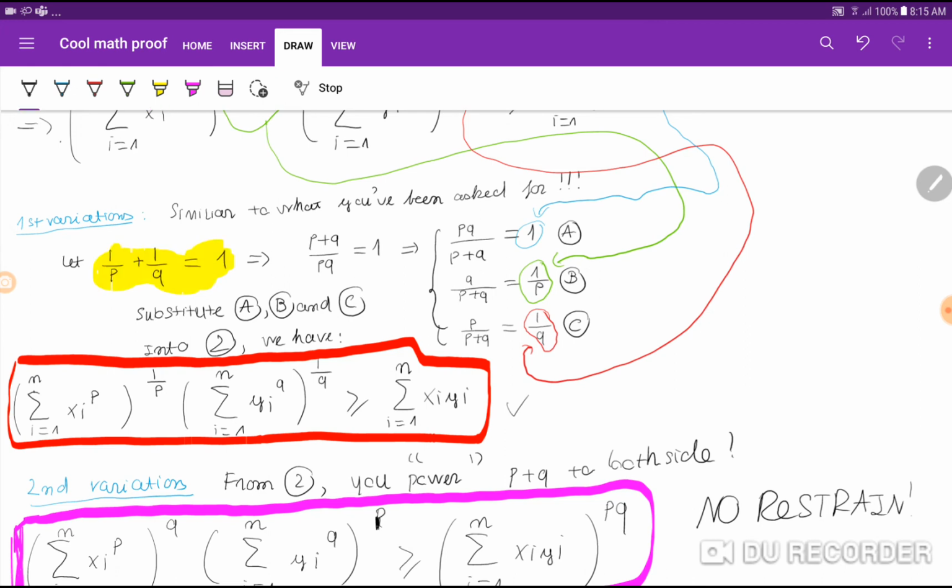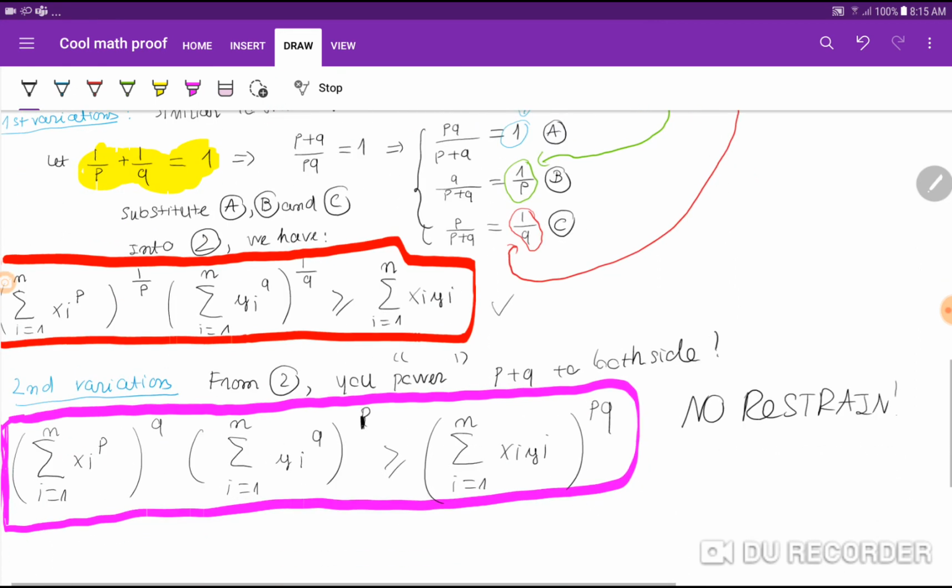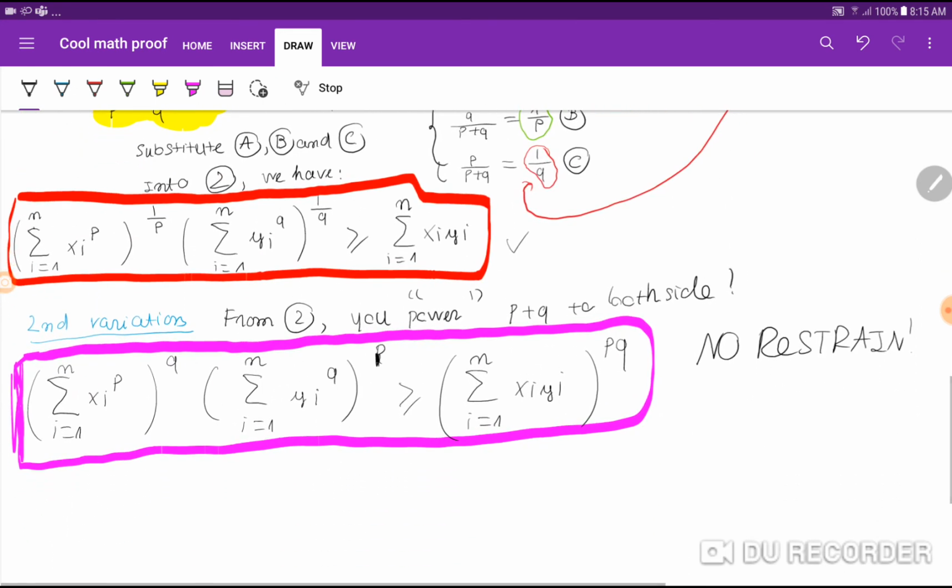Not freedom at all. But that's what the problem asks, so that's why we have to do it. In real life, I encourage you to use the pink, because P and Q can be any positive real number. It could be negative or complex too, but for the sake of this video, I would say it's not valid, and I encourage you to verify it for yourself with complex and non-positive numbers.